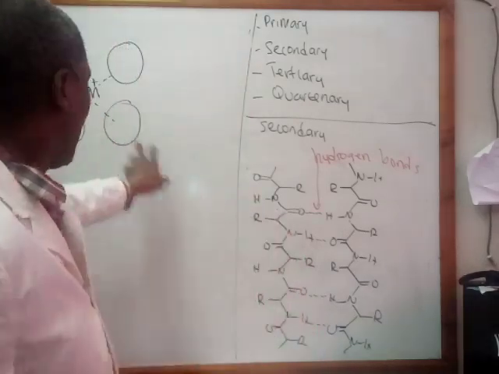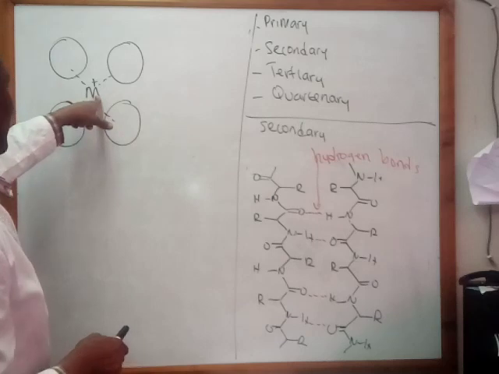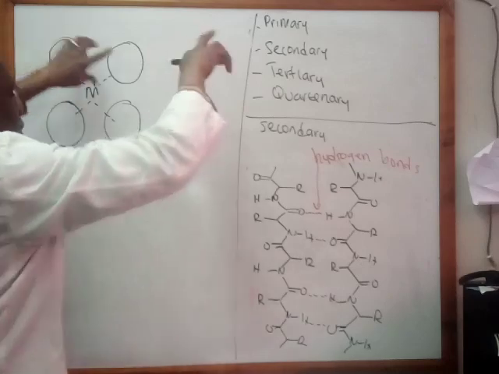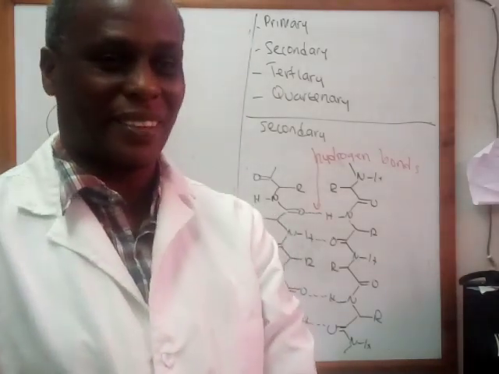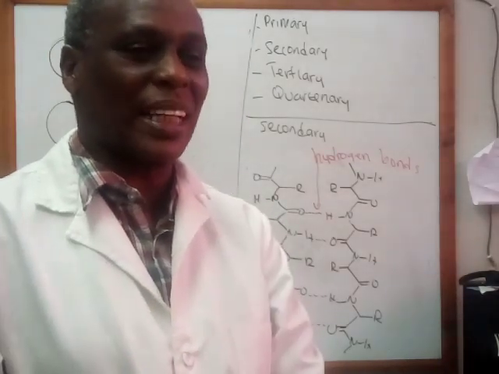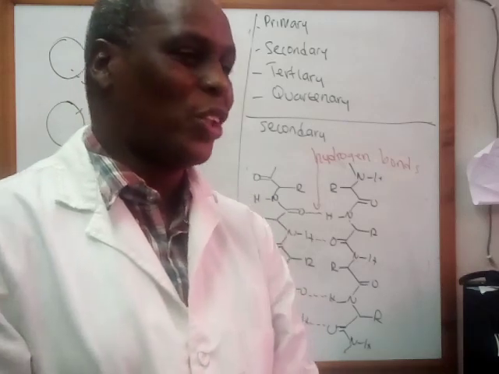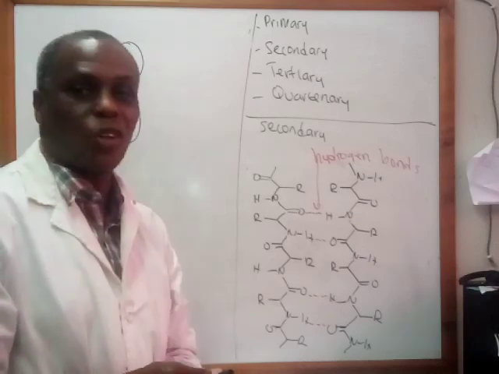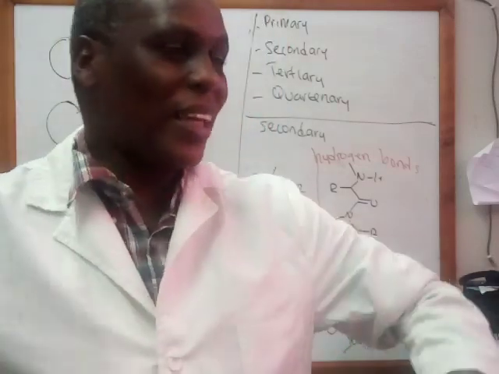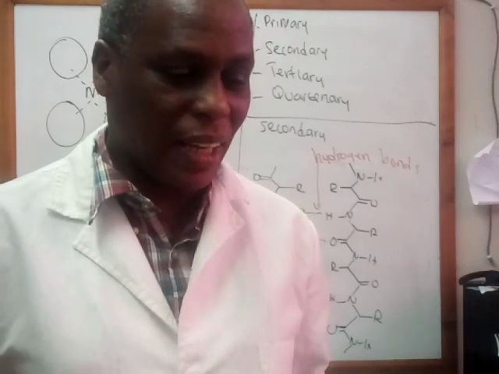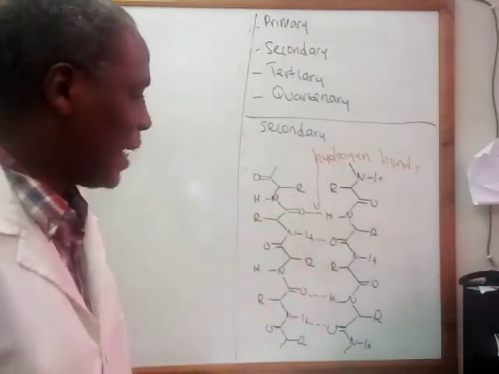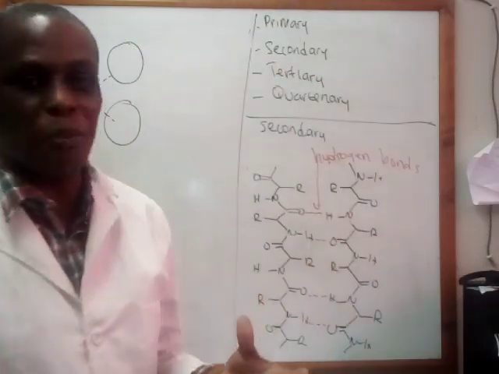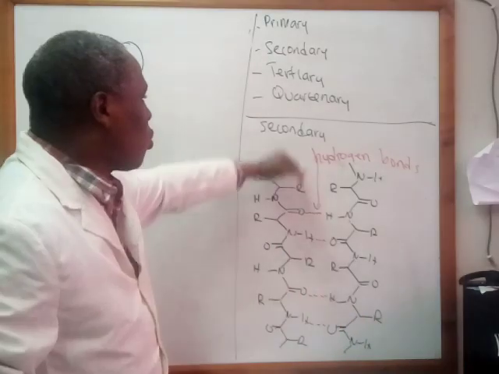In this case, the metal ion is iron, and it is joined to a number of tertiary structures. The other one, which I think you've heard of, is chlorophyll. Chlorophyll has the metal magnesium. It's joined to tertiary components, so they form the quaternary structure.